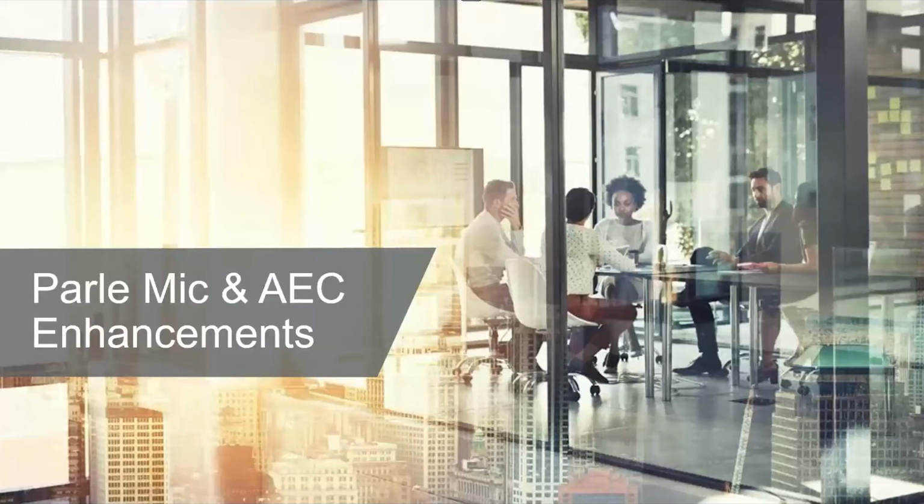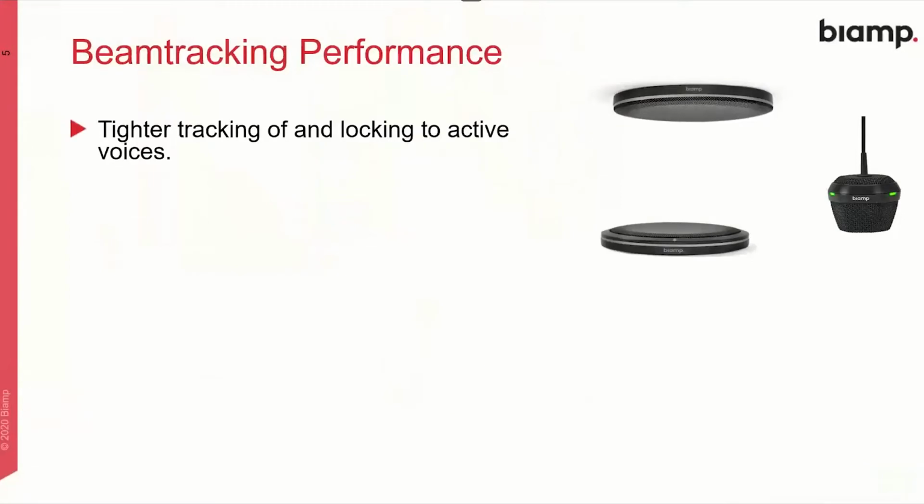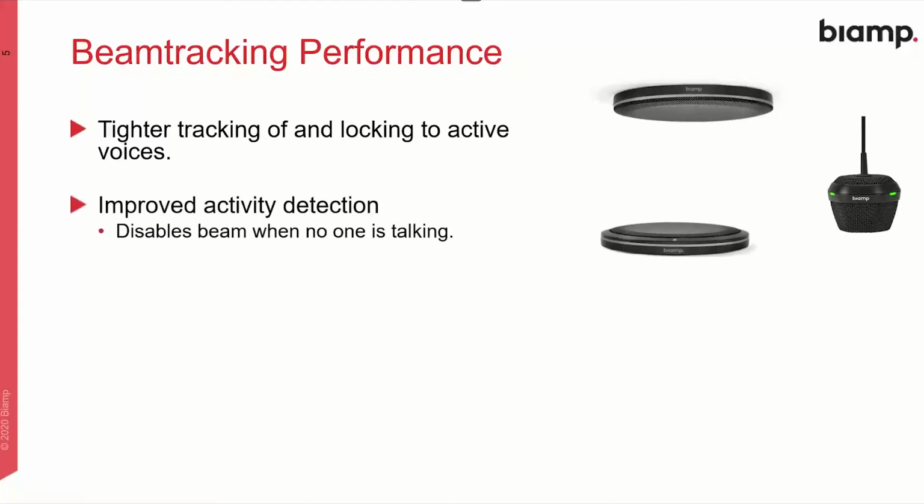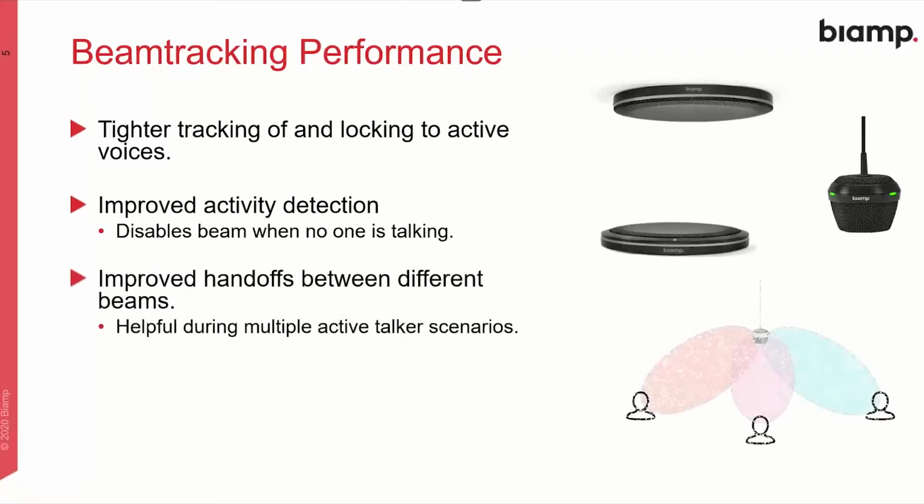So what are those? Beam tracking performance on the Parley series microphones is tighter now and is better at locking to the active voices. We've also improved activity detection, so it detects when a person is no longer talking and turns off or disables the beam, so as not to pick up excess noise.